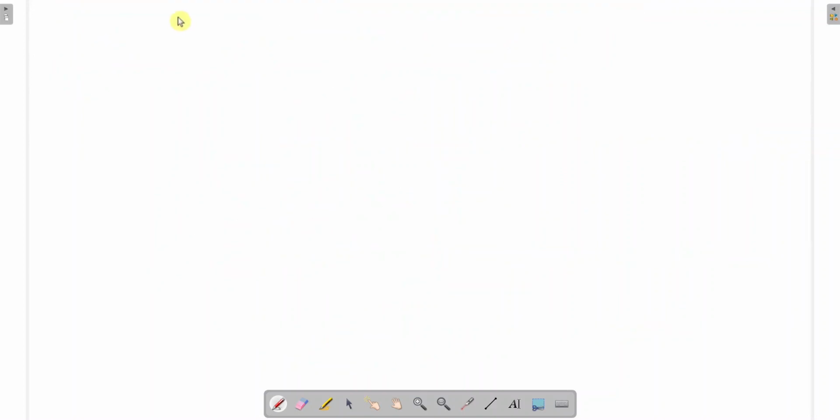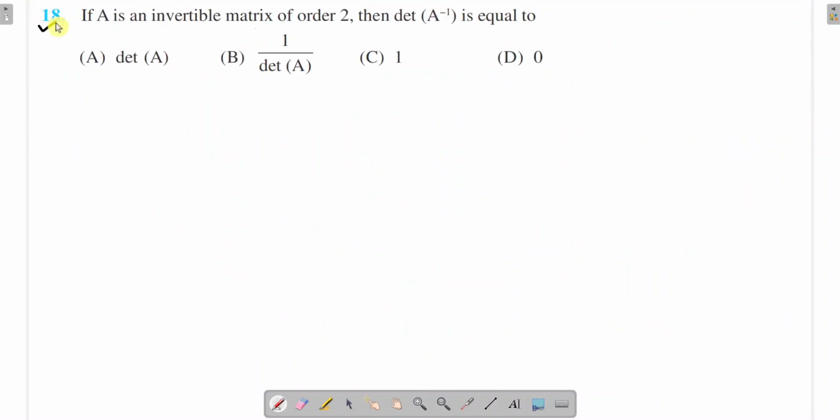Now let us go to the next one. As I have told you that both will be MCQs, 18th will also be an MCQ. Let us read the problem. If A is an invertible matrix of order 2, then determinant of A inverse is equal to, you have to select the correct option from these 4.